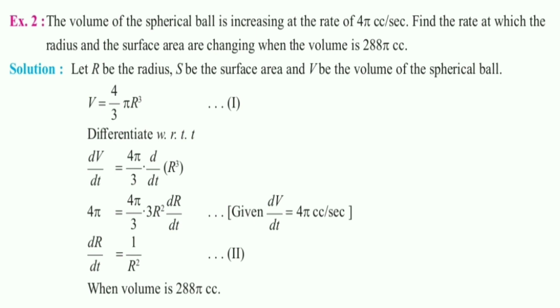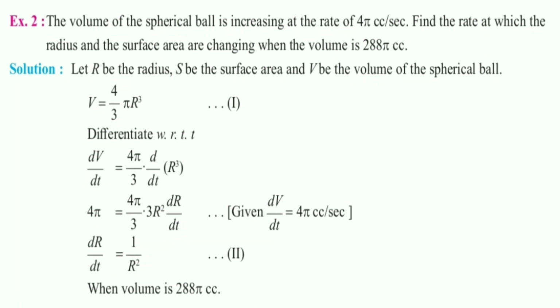Second example: the volume of a spherical ball is increasing at the rate of 4 pi cc per second. Find the rate at which the radius and the surface area are changing when the volume is 288 pi cc. Solution: let r be the radius, S be the surface area, and V be the volume of the spherical ball.